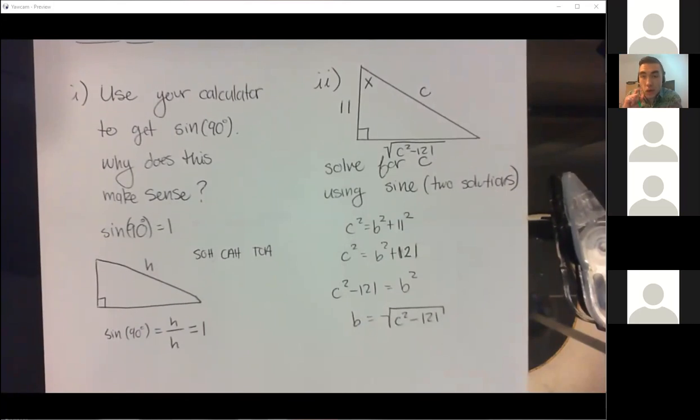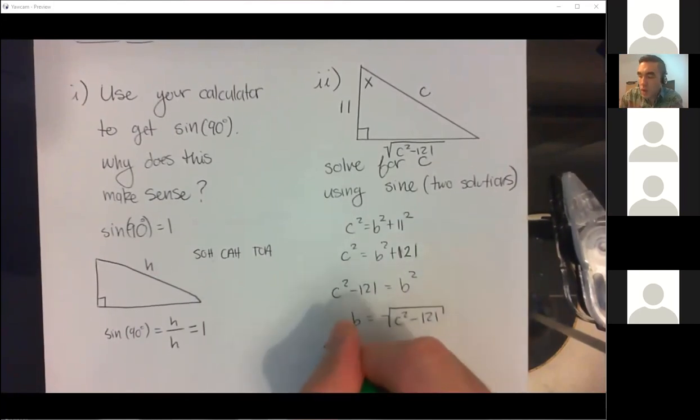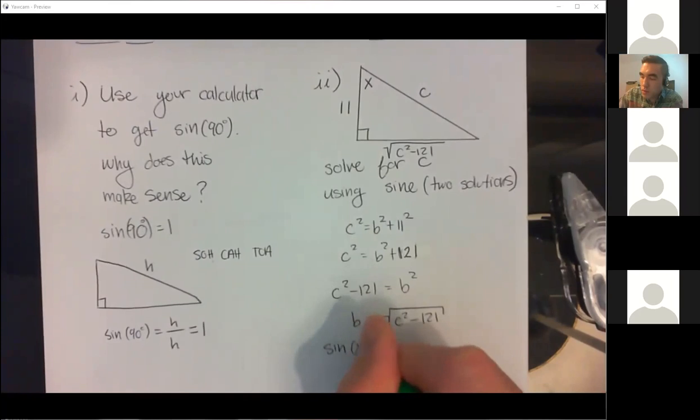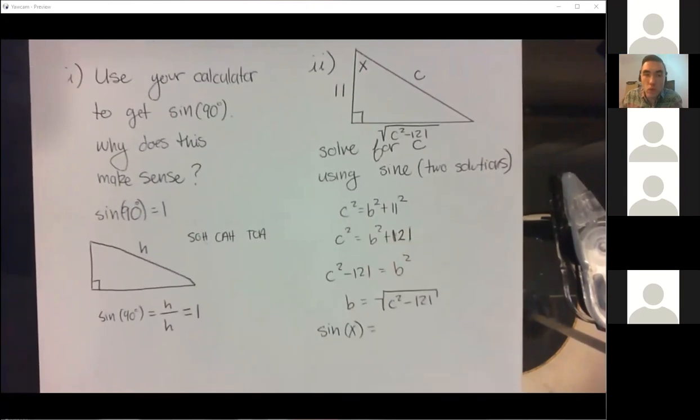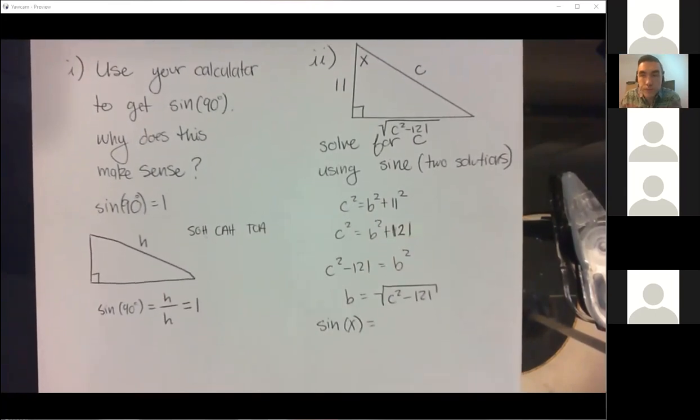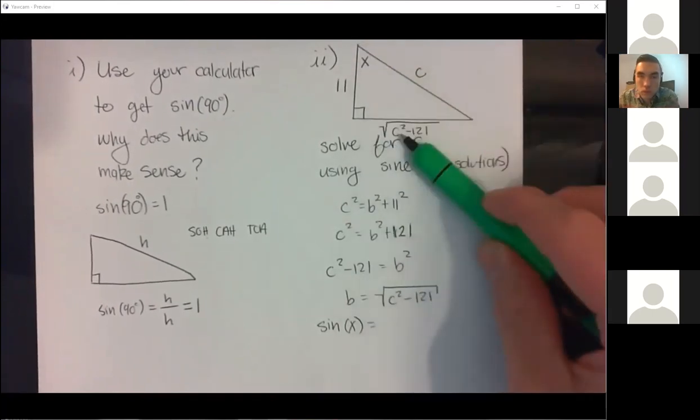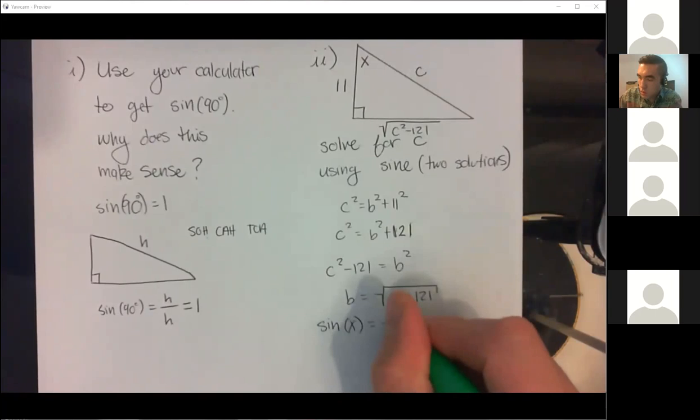So now I can go ahead and take sine of x, and this is going to be equal to the square root of c squared minus 121 over c.